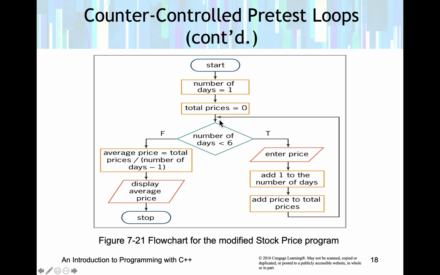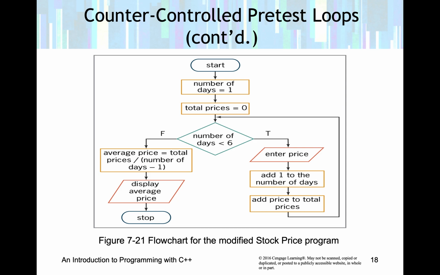Now in this example, we have a pretest loop that is controlled by a counter. This program is not asking for anything at first, it's just going to count the days. It's going to start counting at 1, and it's going to stop counting at 5. So this loop is going to repeat 5 times, from 1 to less than 6, which is 5.